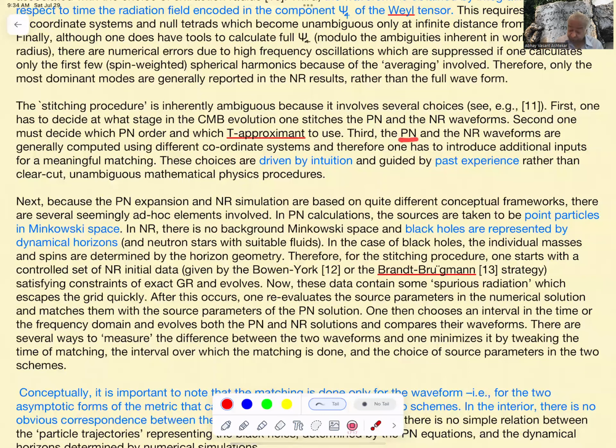And third, the post-Newtonian and numerical waveforms are generally computed using different coordinate systems. These people use some coordinate system, these people use different coordinate systems, and one has to introduce additional inputs for a meaningful matching of these coordinate systems. And these choices are often driven by intuition. And again, I want to say that I admire the intuition that these people have really developed all the time.